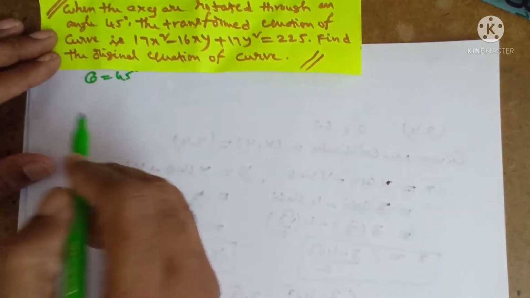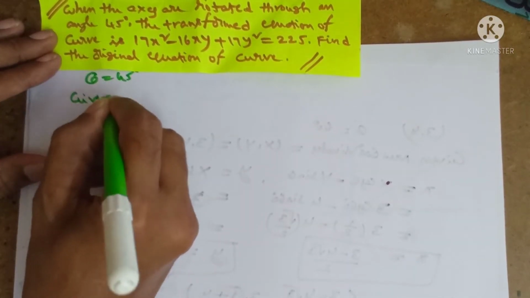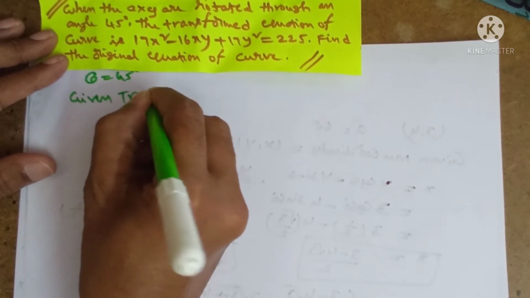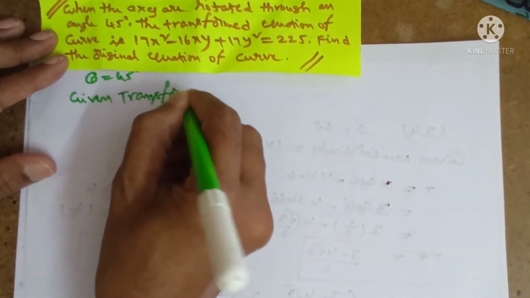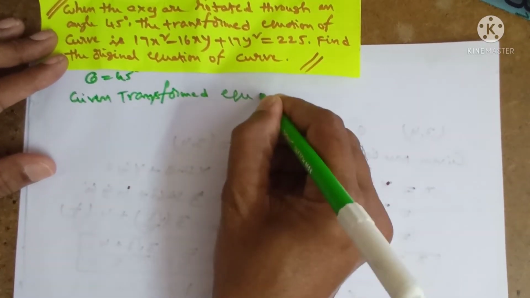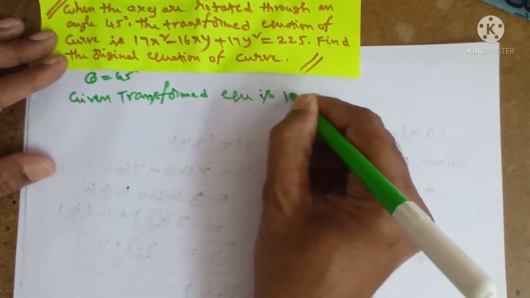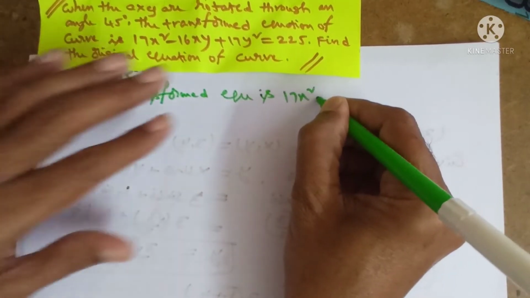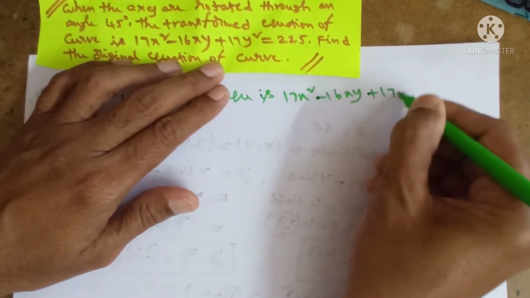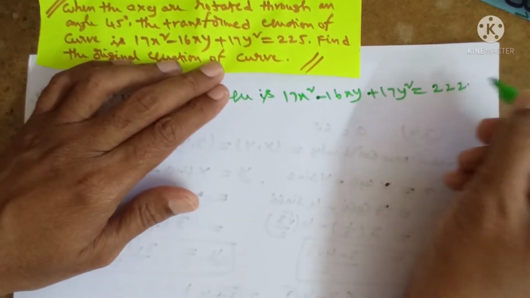Find original. So, given is transformed. Given transformed equation is 17x square minus 16xy plus 17y square is equal to 225.